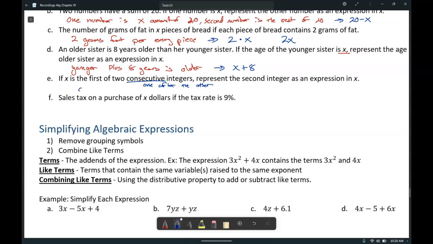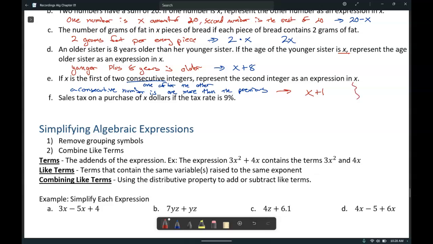A consecutive number is 1 more than the previous. So if our previous number is x and we add 1, that gives us the next consecutive number.